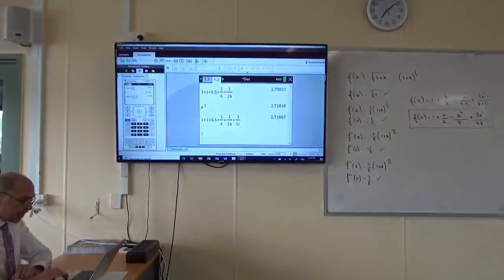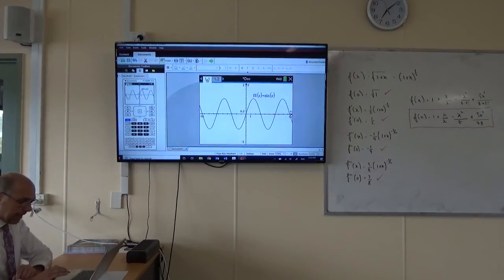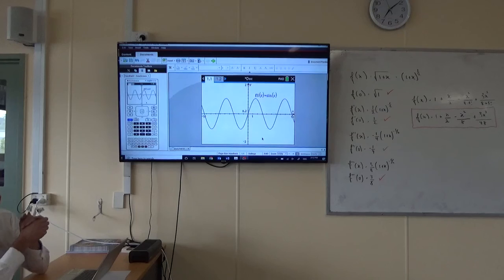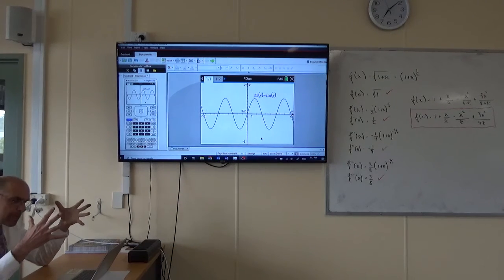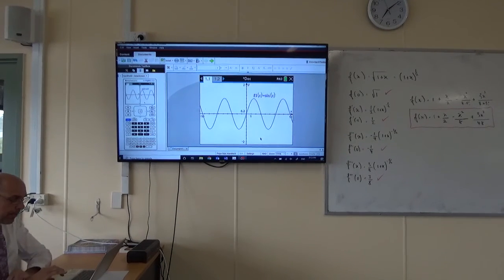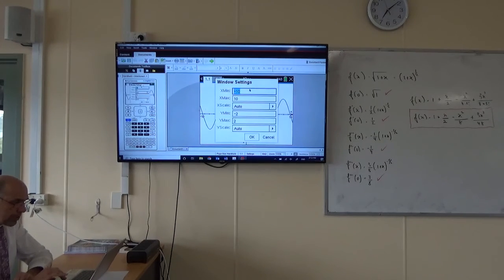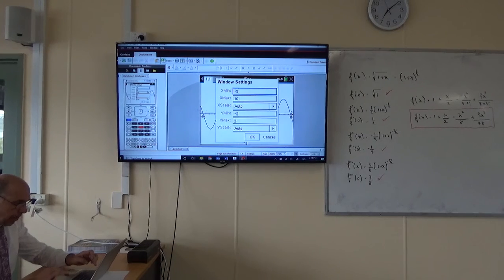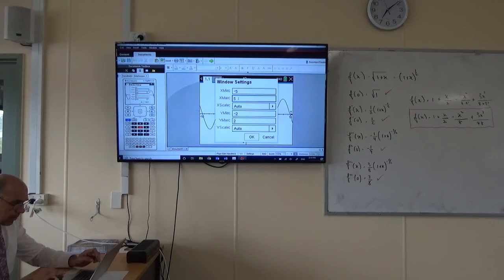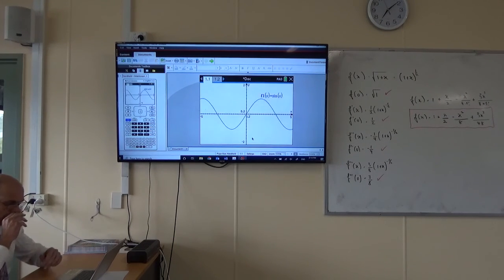I should already have sine up here. So there's sine x. Could even stretch it a little bit more. I'll stretch this to minus 5, and I'll stretch this to 5 and press OK.